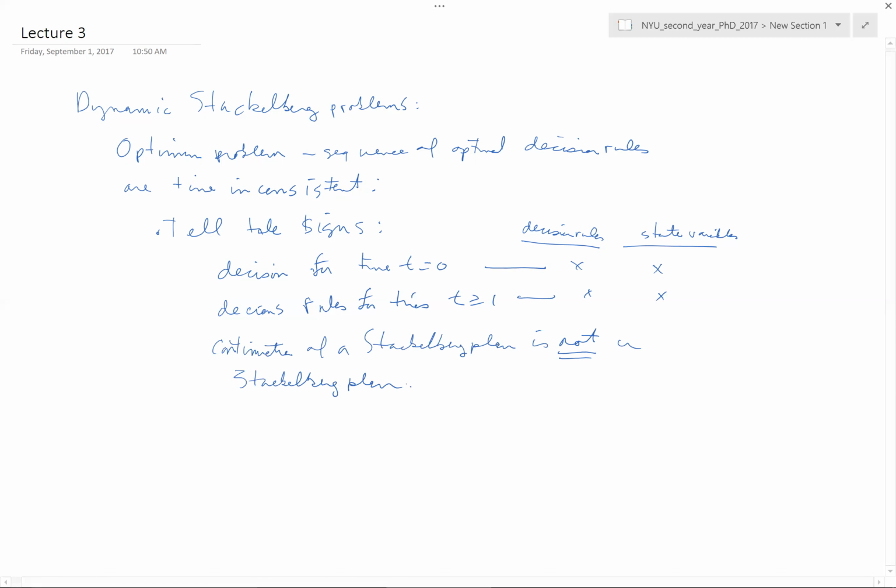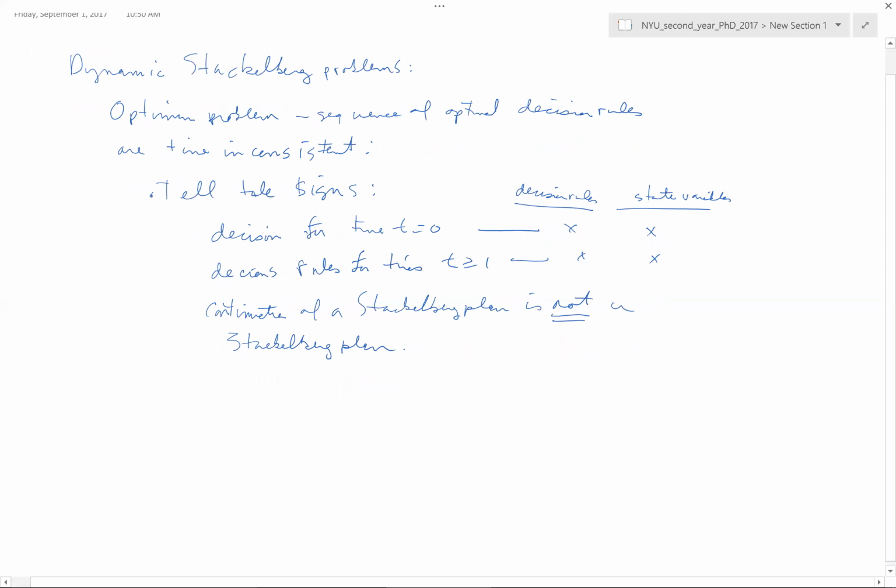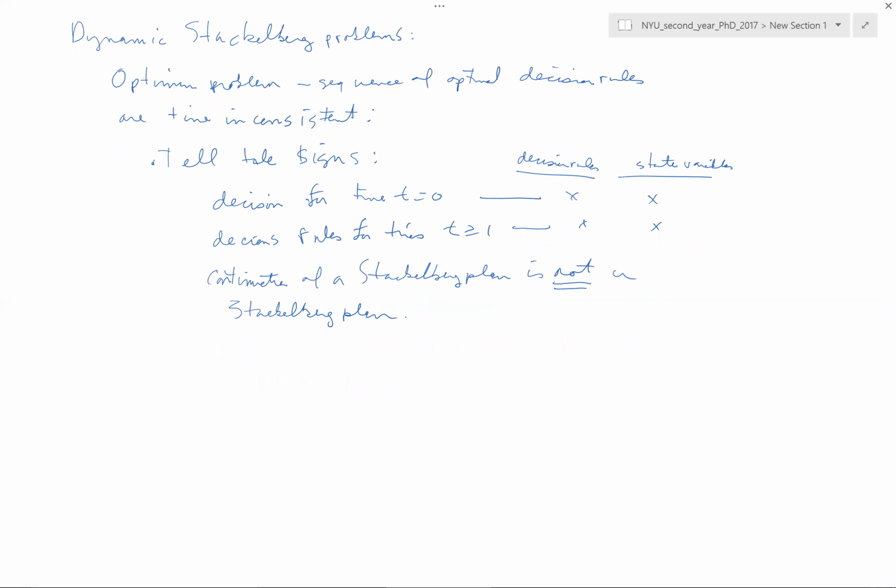So if we'd looked at a continuation of a plan that we computed using ordinary dynamic programming, the continuation of the original plan would be an optimal plan. But here for the Stackelberg plan, that's not true. And that's a sharp way of summarizing time inconsistency. So we'll see this in full detail as we proceed.